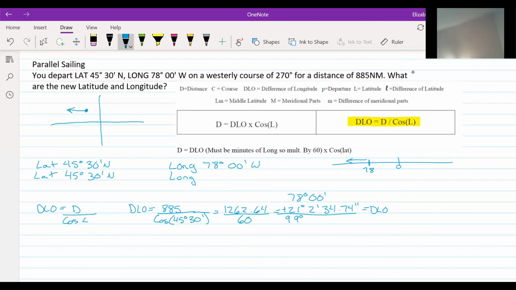So we have 99 degrees, 2 minutes, 35 seconds, and this is our new longitude. It's important to not forget your labels. So is this east or west? It will be west.